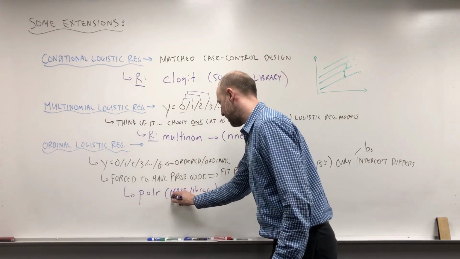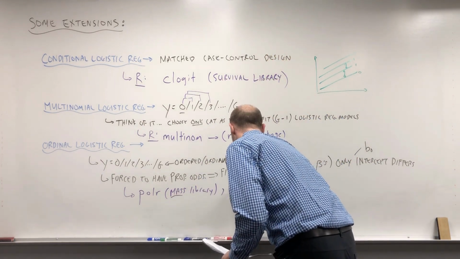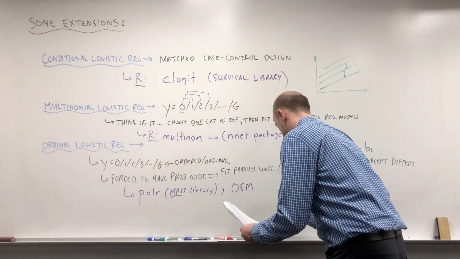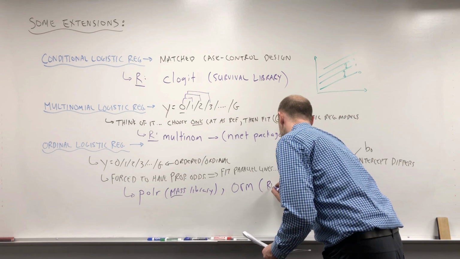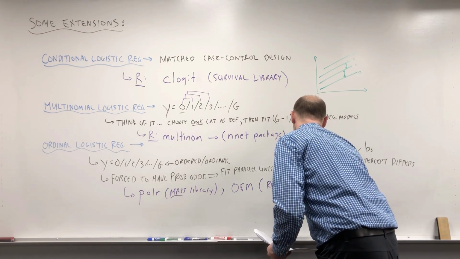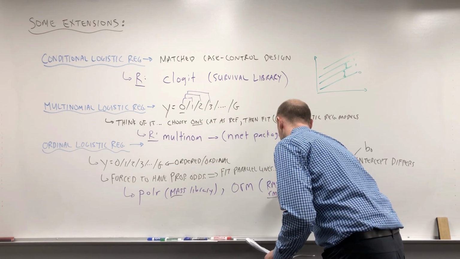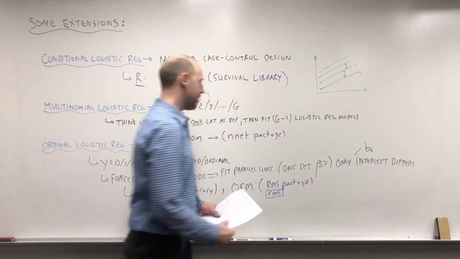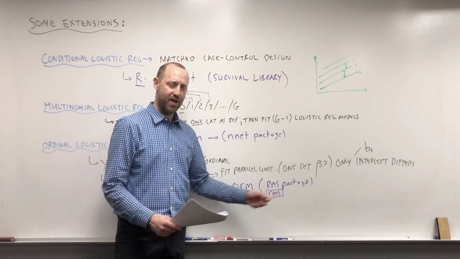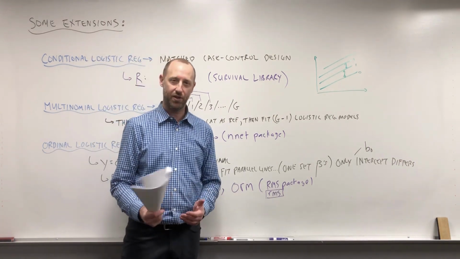And there's also the orm command, Ordinal Regression Model, and this is in the rms package. It's lowercase in R. rms is a package we're making use of a little bit, regression modeling strategies. That's a package we're going to use to get some of the R-squared type measures that we're looking at in a separate video.